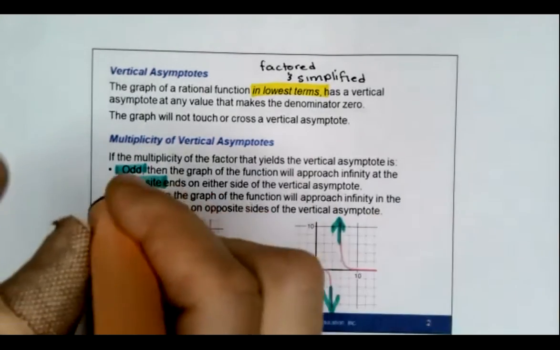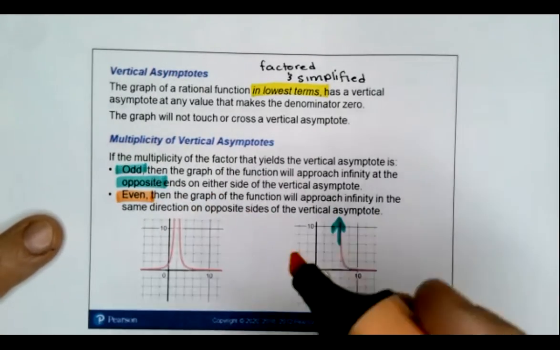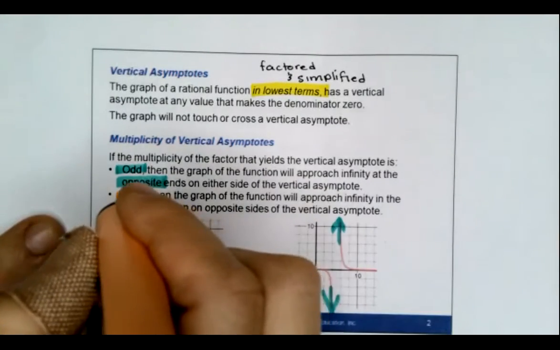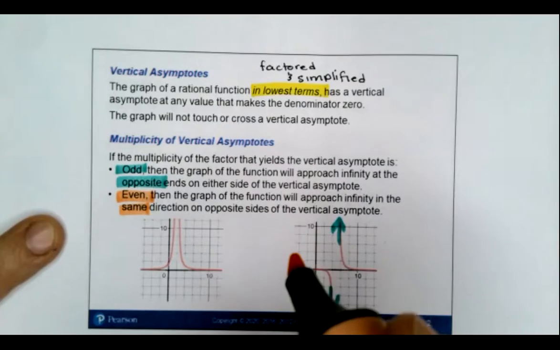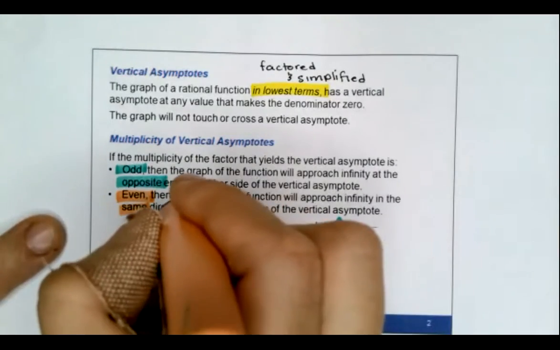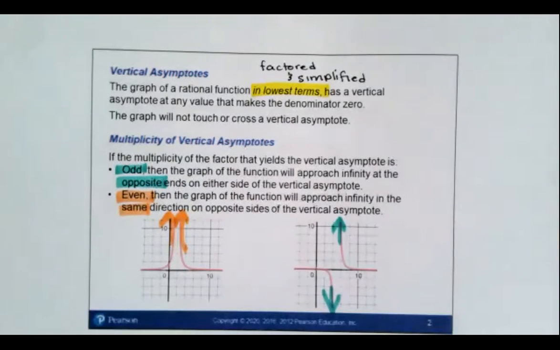If it's even multiplicity, they are going in the same direction as they both approach the same number, the same x value. Good. So if we were to describe this, both sides of the graph are headed towards positive infinity, going the same direction on the y-axis, right? So this is even multiplicity.